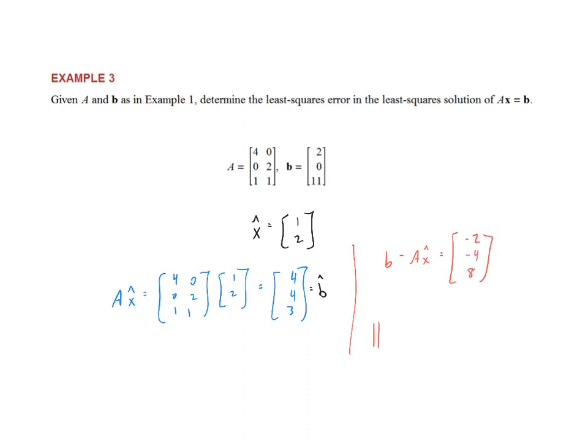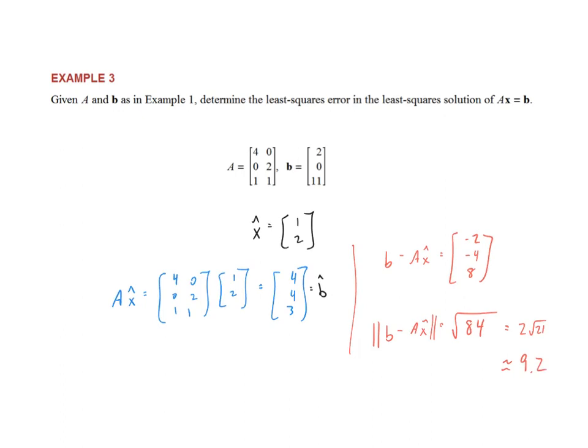The length of that orthogonal vector, b minus A x hat, is equal to the square root of 2 squared is 4, 4 squared is 16, 8 squared is 64. Add them up and you get radical 84, which is 2 root 21, or approximately 9.2 to the nearest tenth.